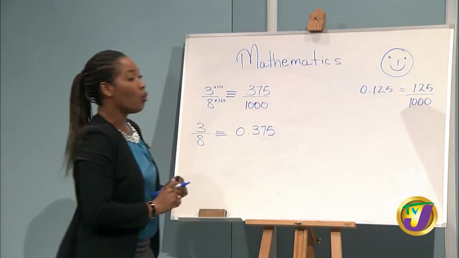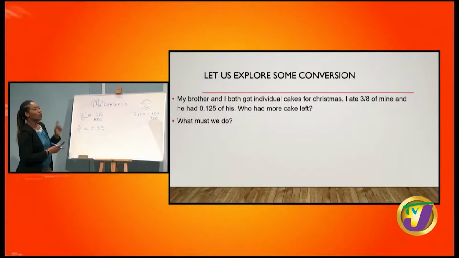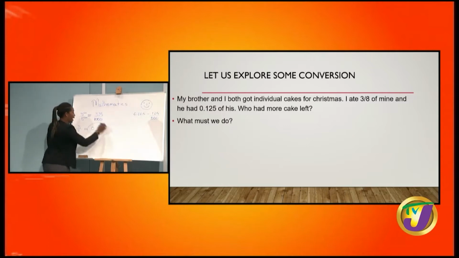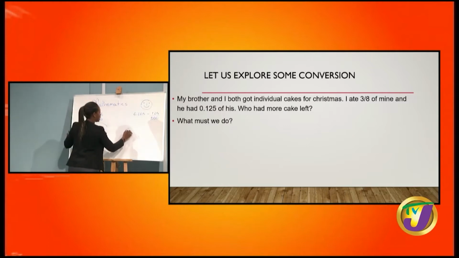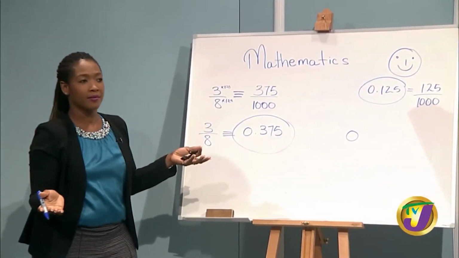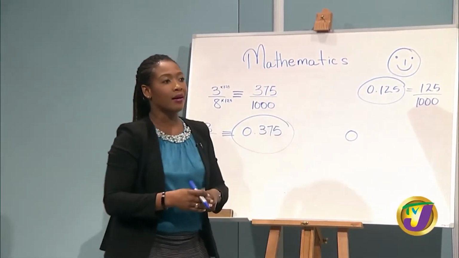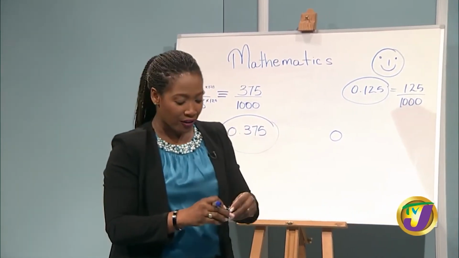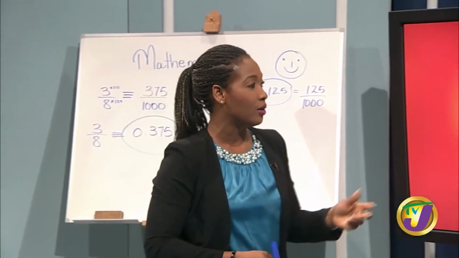So now, what was the question? Who had more cake left? So if this is what I had and my brother had this, who had more cake left? Exactly, he does, because he would have eaten less of his cake. So let us look at it now on the screen.